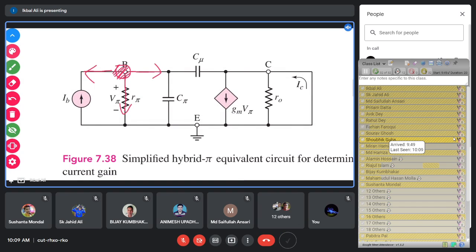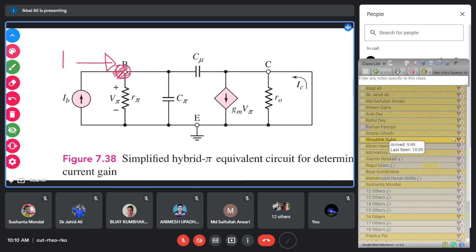So 3 circuit branches are connected, with 3 current paths for this node. Then we have to determine the current flowing through the different branches. The first one is the branch containing the current flowing towards B, which is IB.